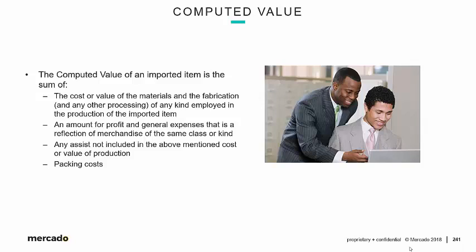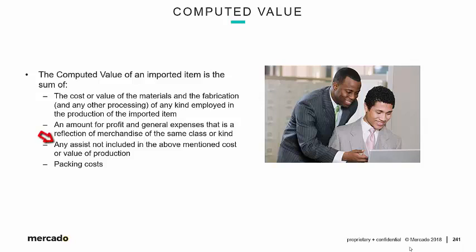Second sub-bullet, we also have to compute an amount for profit and general expenses that is a reflection of merchandise of the same class or kind. The profit and general expenses that the overseas vendor would have added to the product to make money. It's not just the cost or value of fabrication. That's just the vendor's cost. What about their profit and any other general expenses? We have to compute that too.